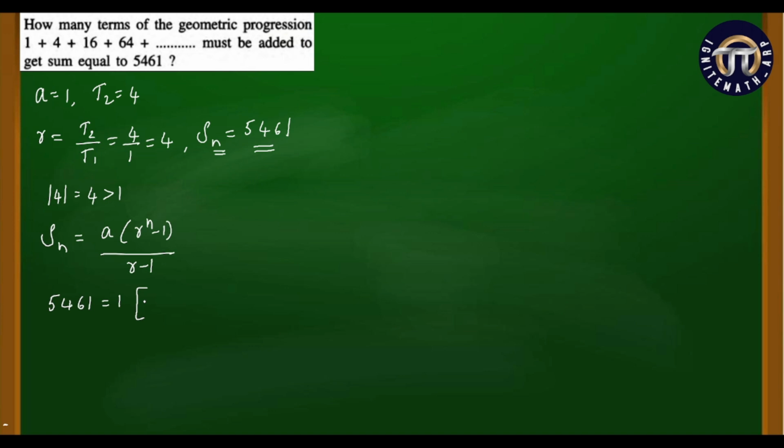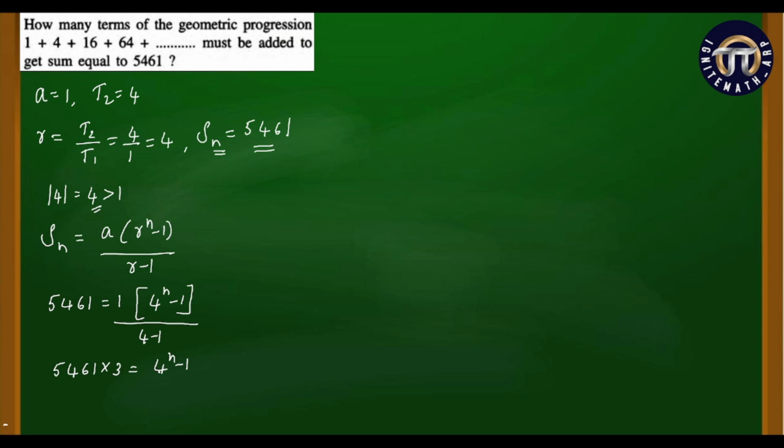Later, I can write this as 4 to the power of n, because I know R is 4, minus 1 divided by R minus 1, in the sense 4 minus 1. Clear, children? So now I can write this as 5461 multiplied by 3 is equal to 4 to the power of n minus 1.